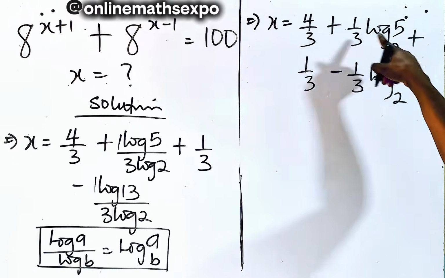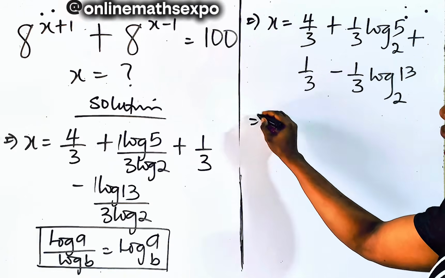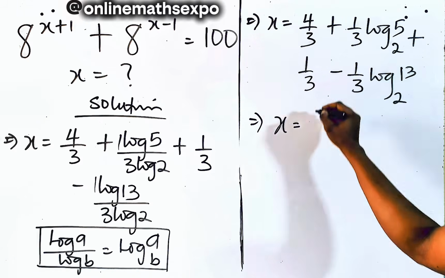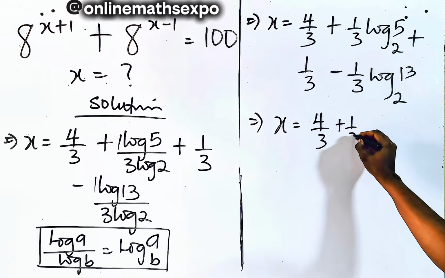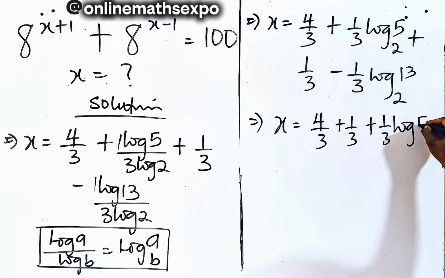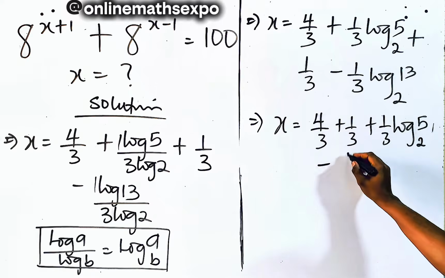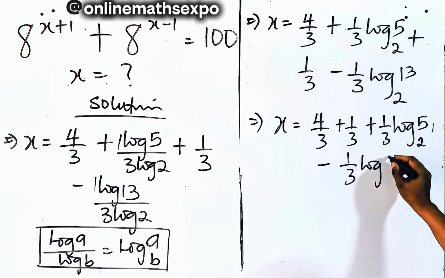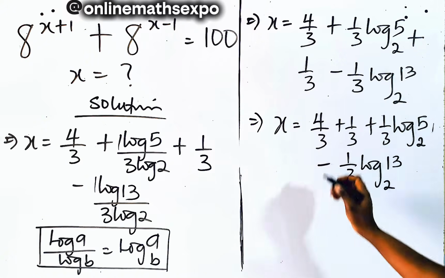Now we can add these two. They are of the same terms. They are constants. So if you do that, you have x is equal to 4 on 3 plus 1/3, then plus 1/3 of log 5 base 2. Then we have minus 1/3 of log 13 base 2. So if you add this, you see that they are the same denominator.